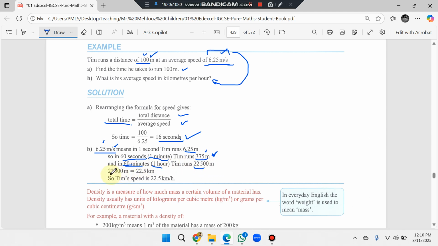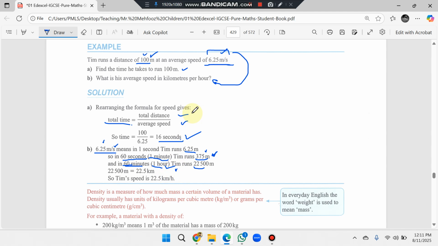Okay, so 22500 meters can be written as 22.5 kilometers. So here it means that he covers 22.5 kilometers in 1 hour. So its speed becomes 22.5 kilometers per hour. So this is the speed in kilometers per hour. Understand or not?